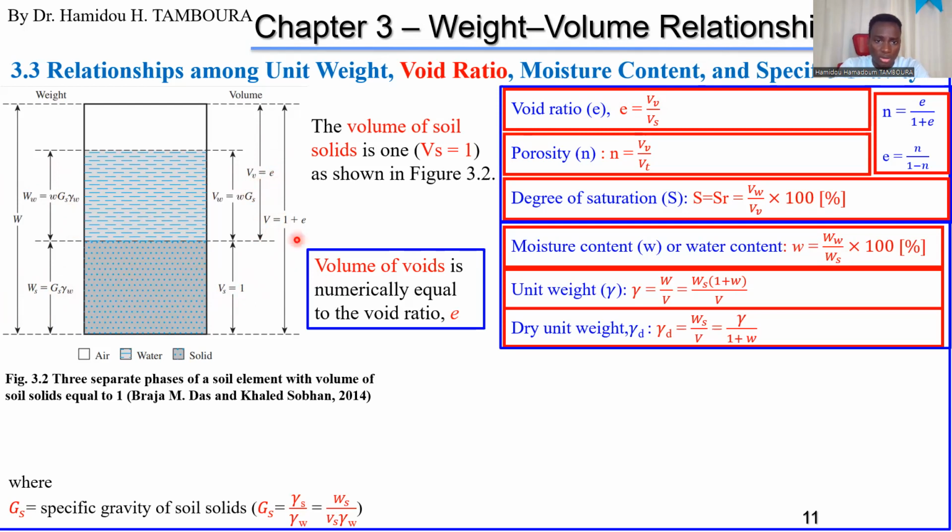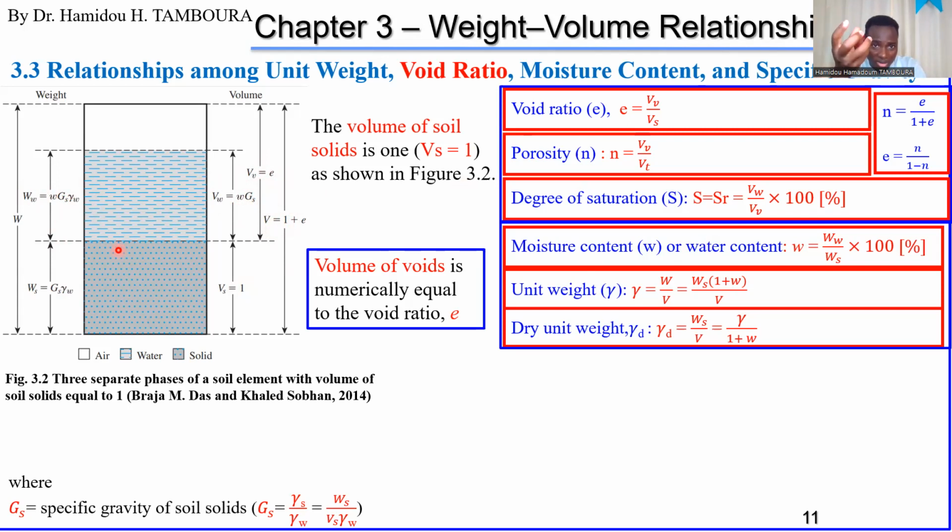Okay, so the total volume will be, of course, volume of solid plus volume of void, which means V, the total volume, is 1 plus E. Okay, how about now volume of water? How do we find that? Okay, we will go exactly here. The weight of water we have established here. Weight of water divided by unit weight of water, you will obtain the volume of water, of course.